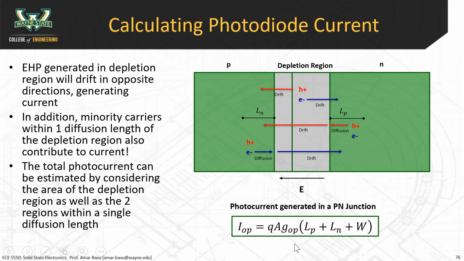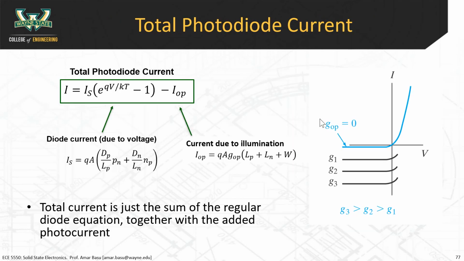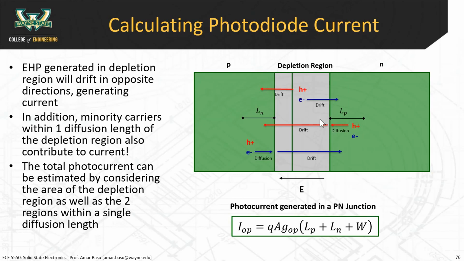So you take the optical carrier generation rate, which is given in electron hole pairs per centimeter cubed per second, and multiply it by the volume of these important regions. That's basically how you generate a photocurrent. Any questions here?